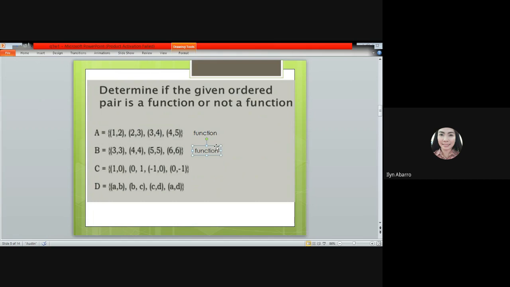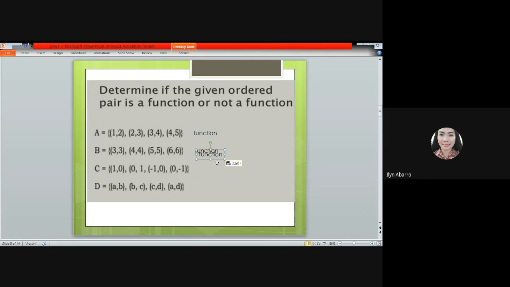Next, letter C. Our domain are 1, 0, -1, 0. As you can see here, the 0 is repeated in the second and the fourth. So this is not a function. That's all there is to it.